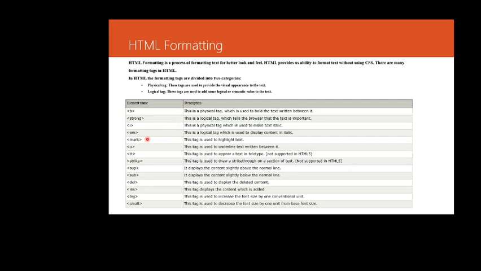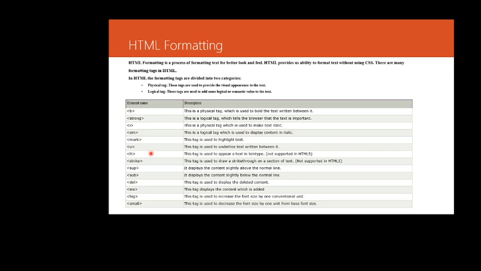Similarly, we have mark. It is used to highlight the text. All the text enclosed between the mark tag will have a yellow background. Then we have U, which is used for underline. TT is used for teletype, although it is not supported in HTML5, but it is used to give the teletype effect, or to be very clear, the monospace effect.